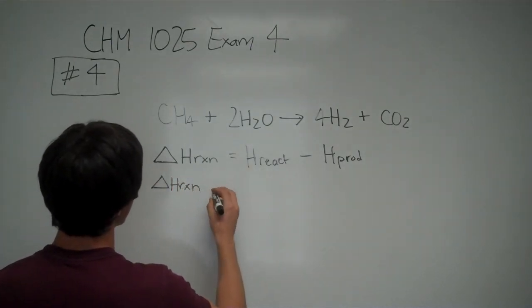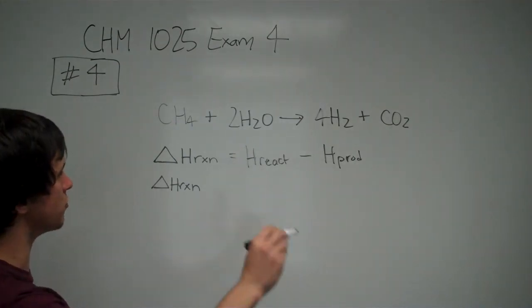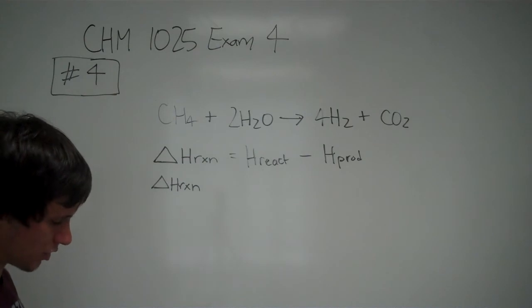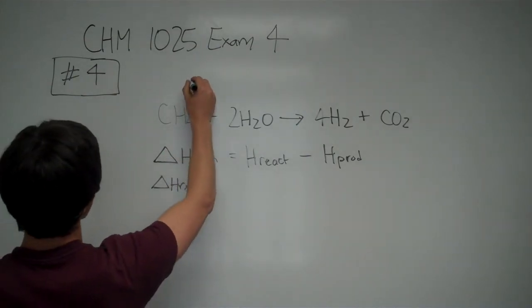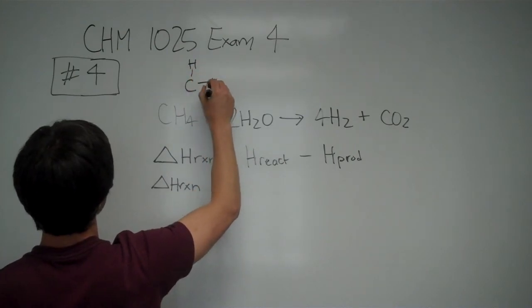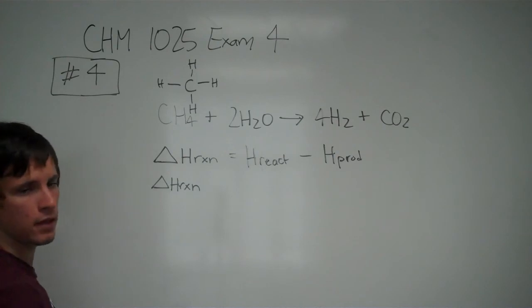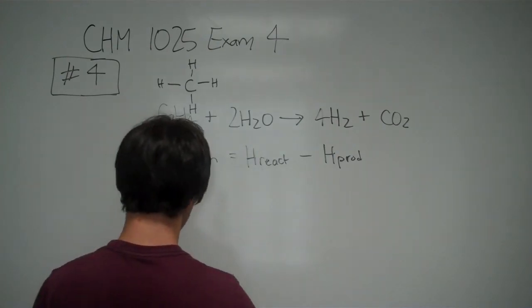What helps me for questions like this is to draw out all the chemical species that take part in the reaction. So the first one is CH4, and that essentially looks like this. Okay? Next we have 2 waters.